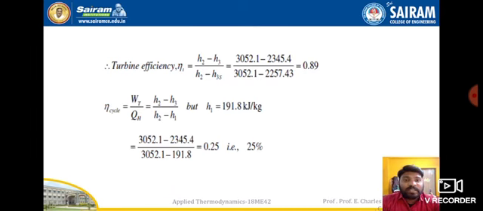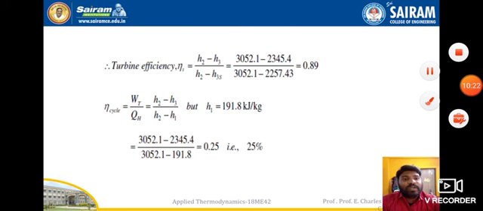That means H2 minus H1 will be the heat supplied. H1 is equal to 191.8 kilojoules per kg. Where do we get this H1 value? From the steam table book. If you substitute all these values, you will get 25% as the overall efficiency. The overall cycle efficiency will be 25%.